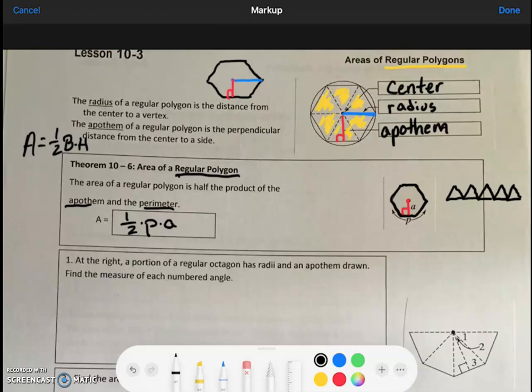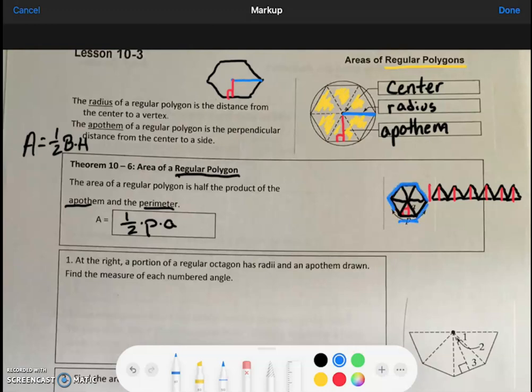This is based on the fact that there are, if it's a hexagon, a six-sided figure, there should be 6 triangles inside this figure. If I just kind of drew lines here, 1, 2, 3, all of these triangles are all the same. They all share the same height, which is the apothem, this red line that's from dead center down. And the base is really this.